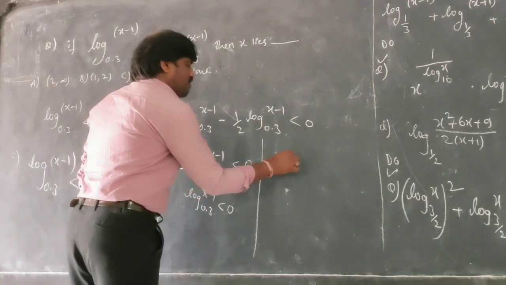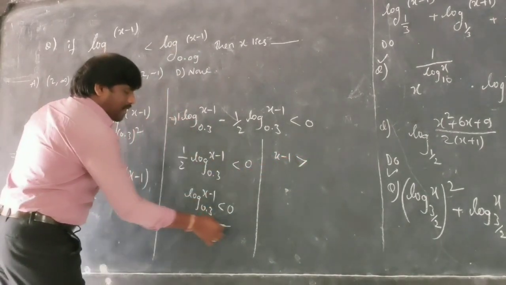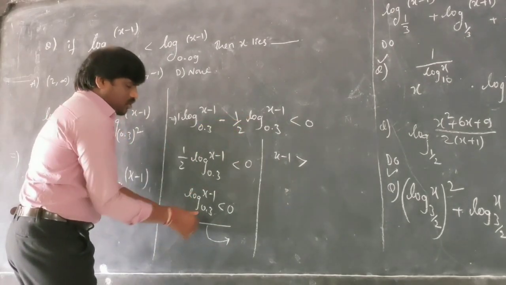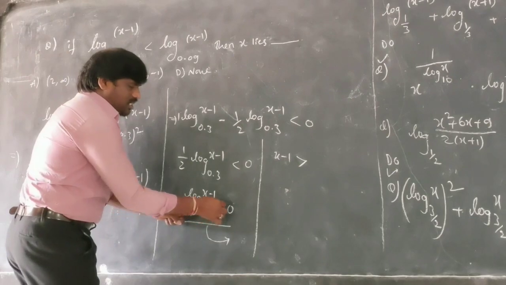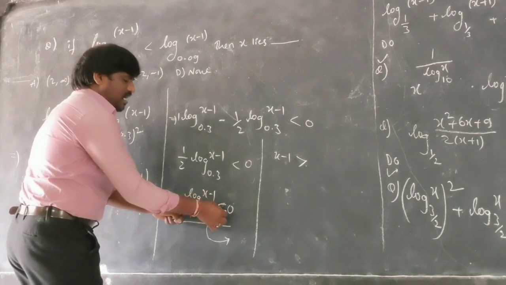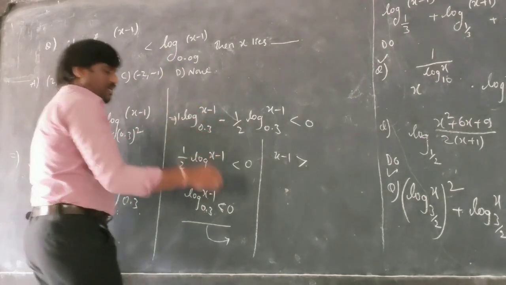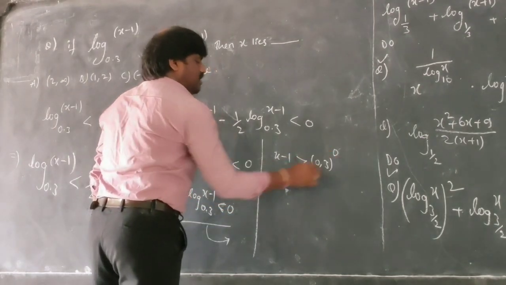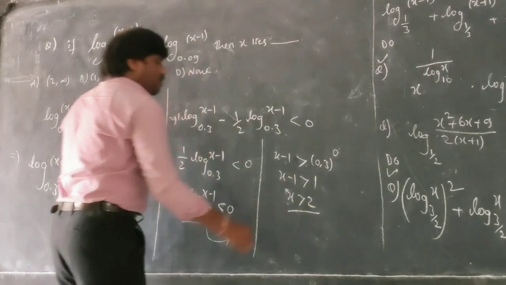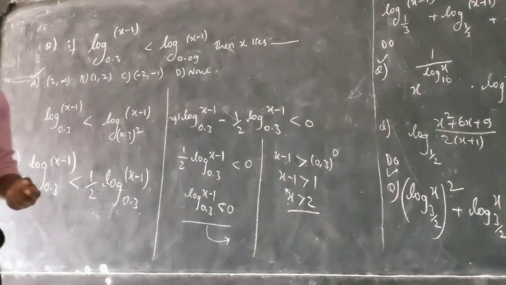The less than becomes greater than. So x minus 1 is greater than 0.3 to the power of 0. Anything to the power of 0 is 1. So x minus 1 is greater than 1, so x is greater than 2. What is the answer? x greater than 2. Option A is the right answer. Hope you understand now.